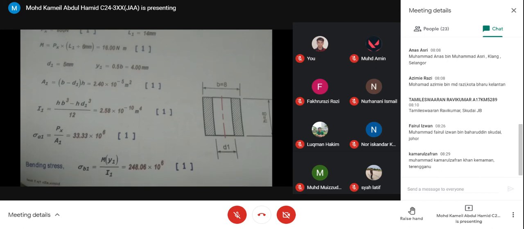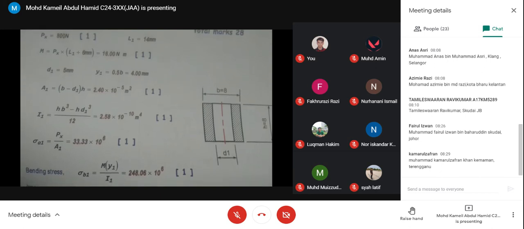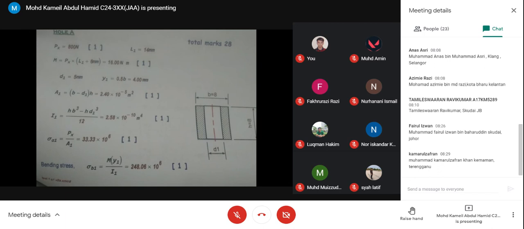MY divided by I. Okay, dekat bending stress, so dia pakai MY divided by I. Okay, so area A1. A1 tu tengok B minus D1. Okay, dia ambil cross sectional area. B minus D1. D1 tu the diameter of the hole tu lah, times the height. Okay, dapat cross sectional area A1. Kemudian calculation for I. Okay, the second moment of area. I1 is HB cubed minus HD1 cubed divided by 12.